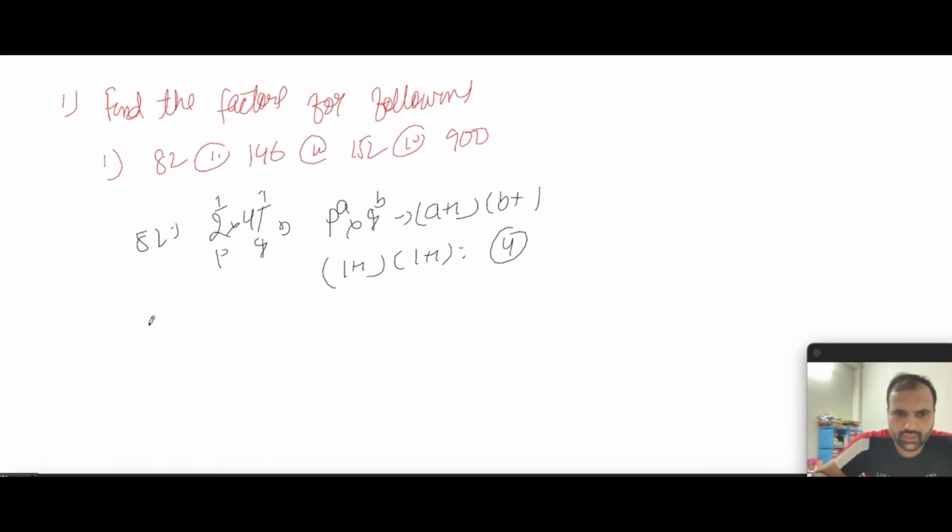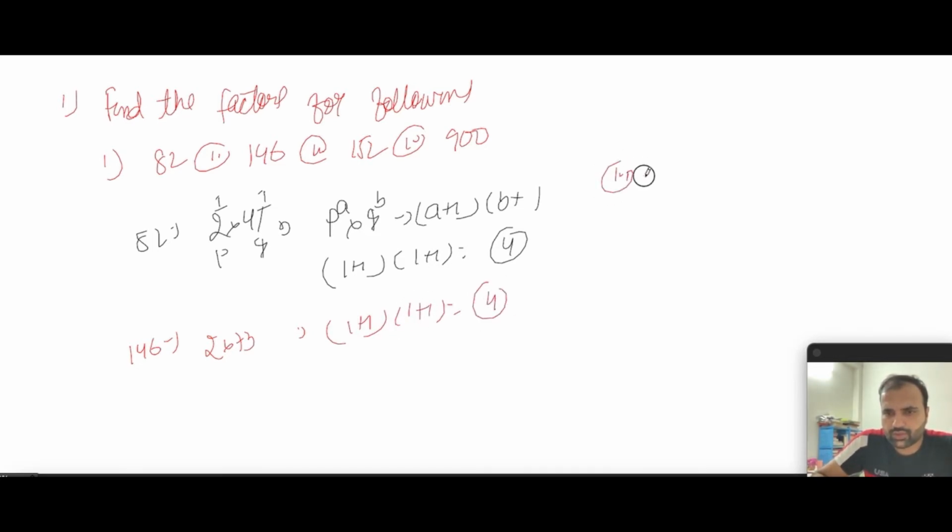Let's do the second one. 146 is 2 into 73, and 73 is prime, so we can understand again, p into q, with powers 1 and 1, so it would be 1 plus 1 into 1 plus 1, which should be 4.